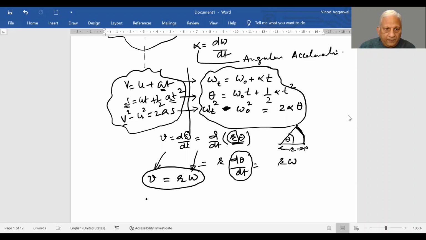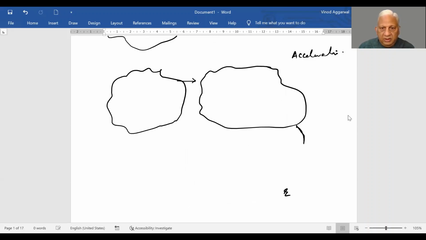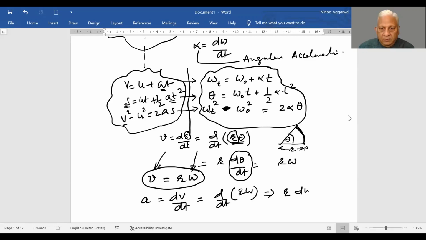And linear acceleration is equal to dv by dt. Let's substitute the value of v here. Again, taking r constant outside, dv by dt is equal to r times d omega by dt, and this term is nothing but angular acceleration, alpha.